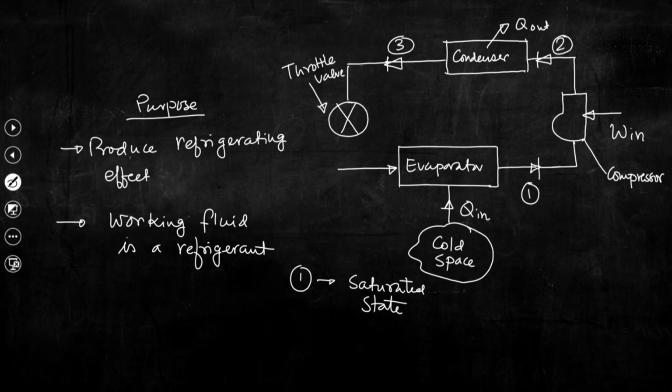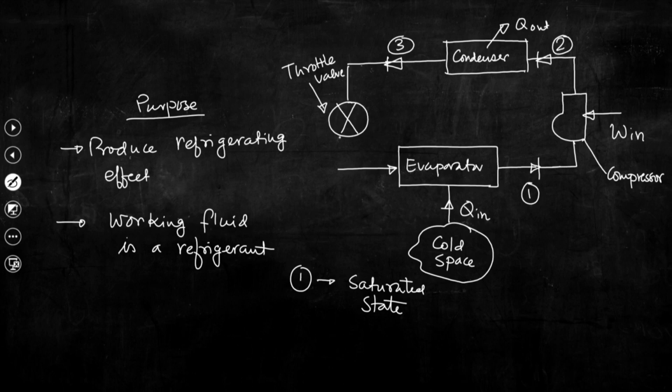And the sole purpose of providing this throttle valve in the circuit is to expand that high pressure refrigerant that comes out from the condenser to the evaporator pressure.